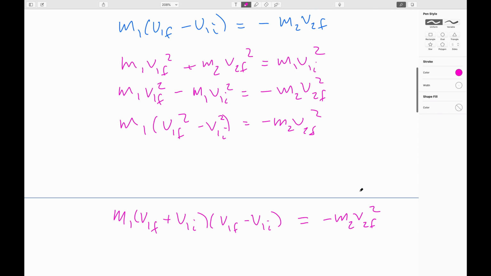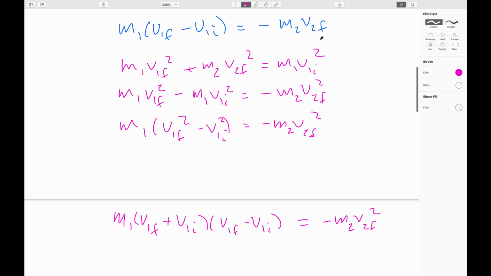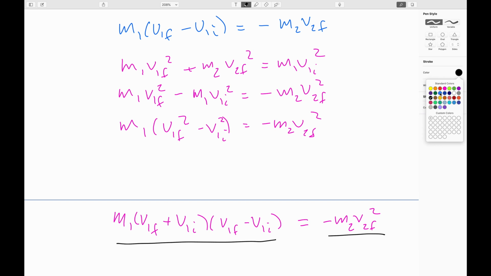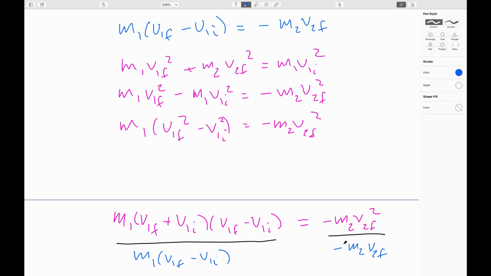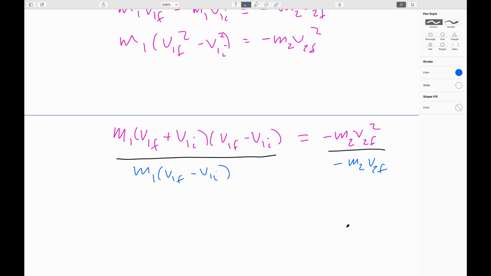All right, now what I do is I remember this result I had earlier. So I can divide the two equations. I will divide the left-hand side of the pink equation by the left-hand side of the blue equation, M1 V1 final minus V1 initial, and on the right-hand side, minus M2 V2 final. And we get a cancel-palooza.